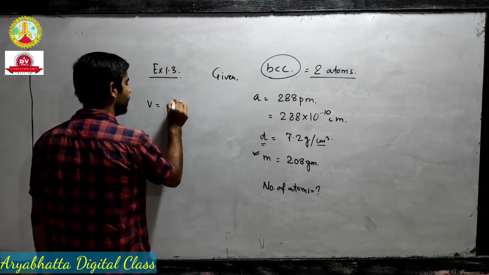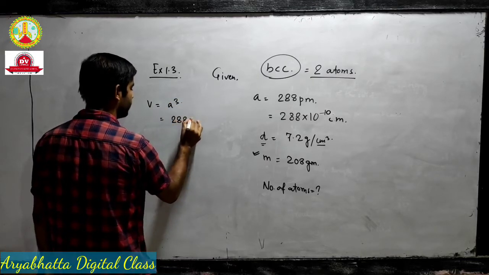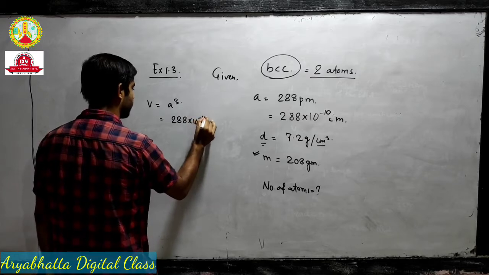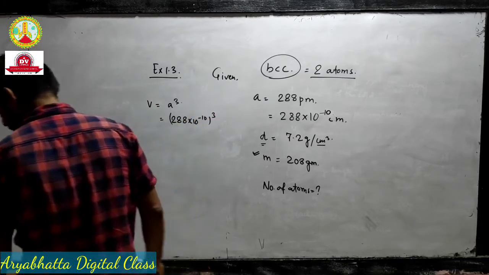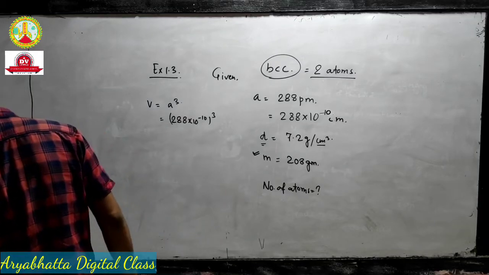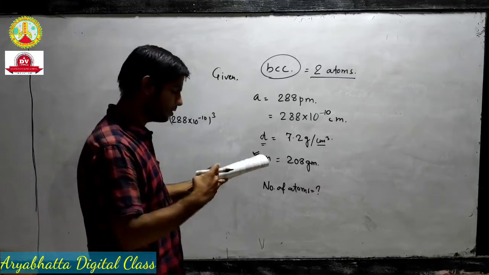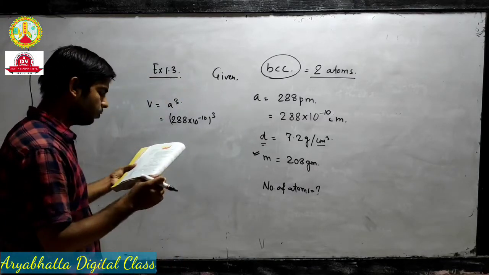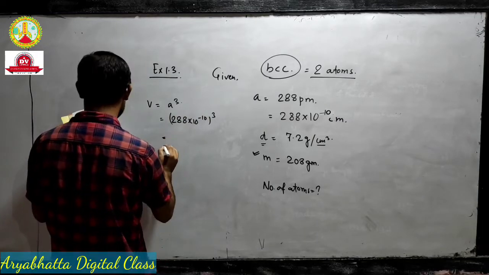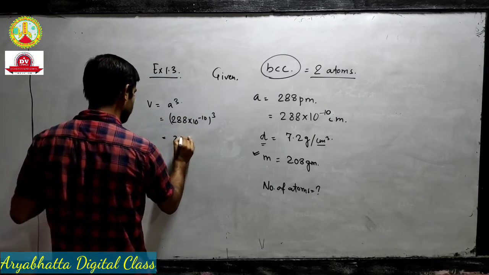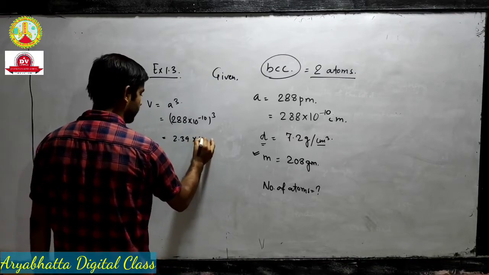It will be A cube, obviously, that means 288 into 10 to the power minus 10, whole cube. I am directly writing down the numerical value, 2.39 into 10 to the power minus 23.